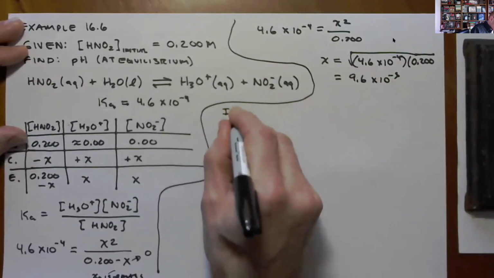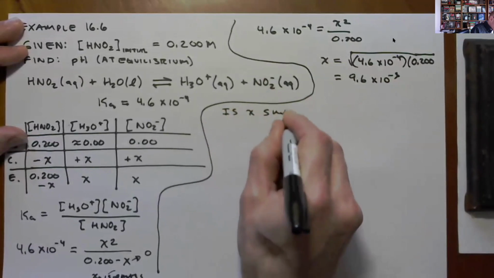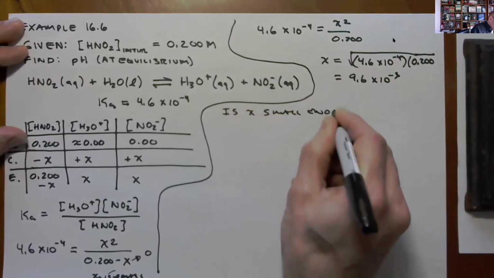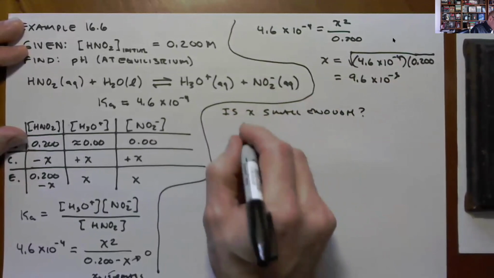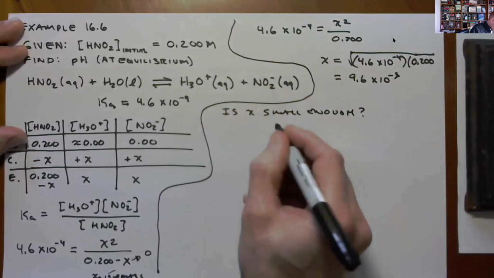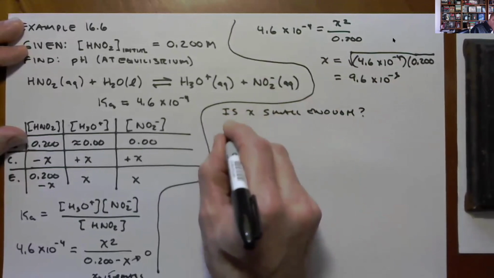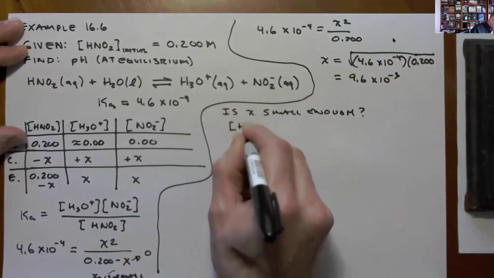So is x small enough? And the answer is yes, although very barely. So again, we're looking at the percent ionization. So really, what is this?